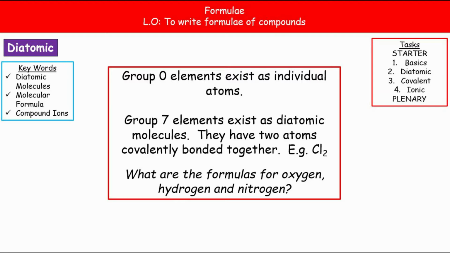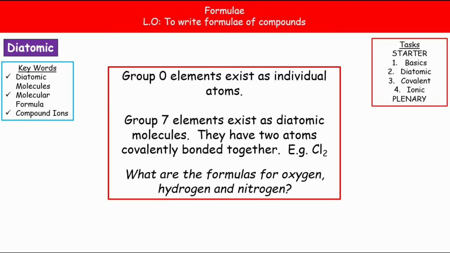Now that's true of a number of other gases. So things like oxygen, hydrogen, nitrogen, any of our group 7 elements, they're all diatomic. So that means whenever we write their formula, we must have the subscript 2.